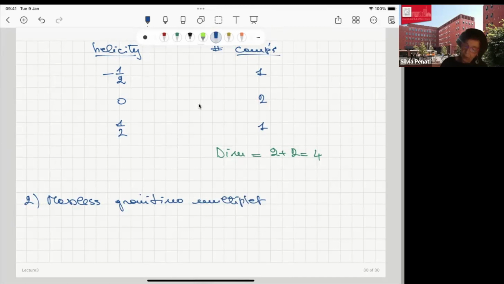Sorry, let me repeat. First of all, the massless vector multiplet. This corresponds to lambda 0 equal to 1/2.